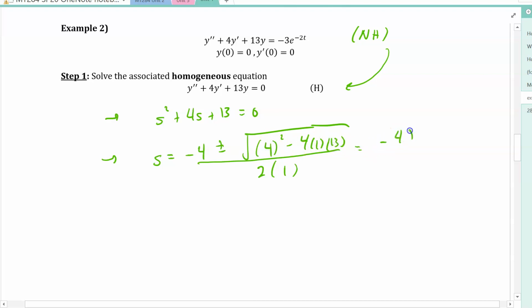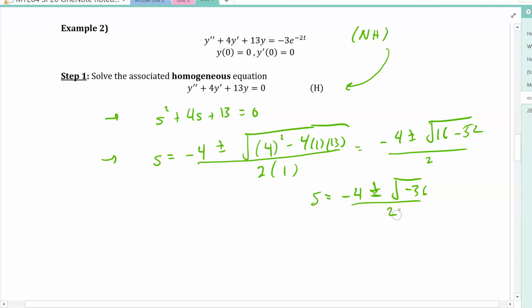So we get negative 4 plus or minus the square root of 16 minus 13 times 4, which is 52, all divided by 2. Now simplifying inside of the square root, we're going to get s is equal to negative 4 plus or minus, alright, 16 minus 52 is negative 36.